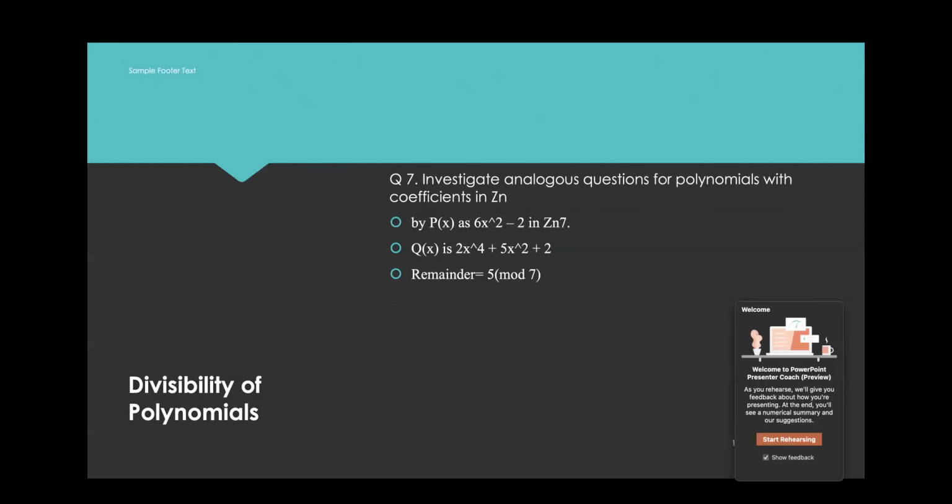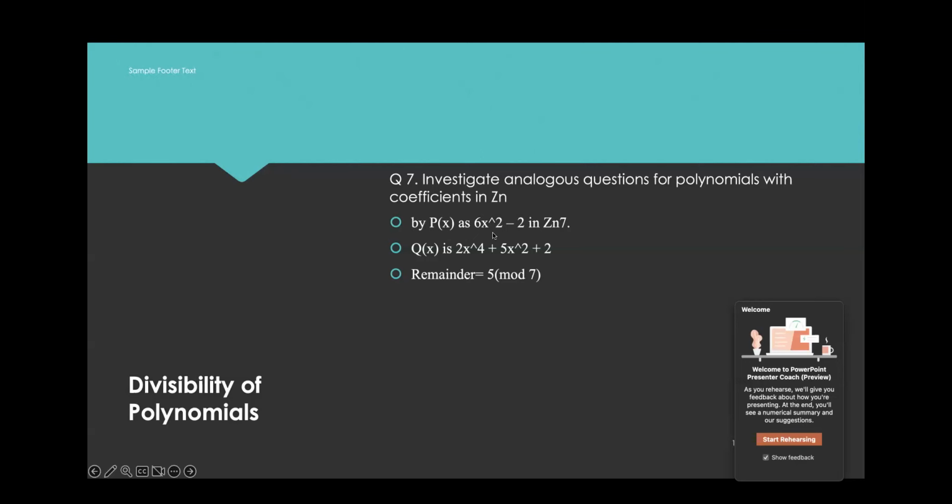For question 7, we have to investigate analogous questions for polynomials with coefficients in Zn. So we need to consider the modular arithmetic and divisibility within the finite integer space. The concepts we can utilize here are modular polynomial division, polynomial factorization in Zn, and the reducibility and irreducibility in Zn, while catering to its subsequent interactions.